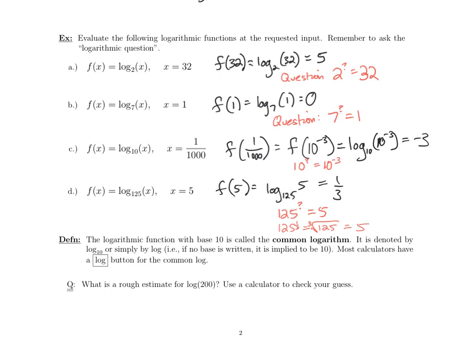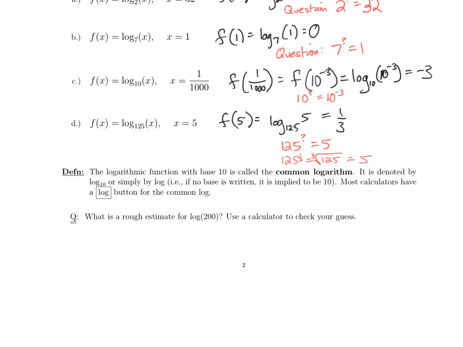We're going to finish off this page with a definition. The logarithmic function where the base is 10, instead of something like 2, 7, or 125, the one that's specifically base 10, is called the common logarithm. And we like it because our number system is base 10, so it can be useful to us.